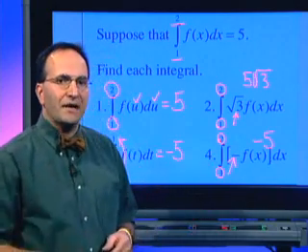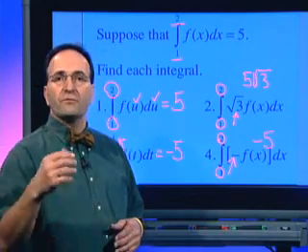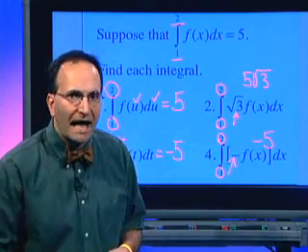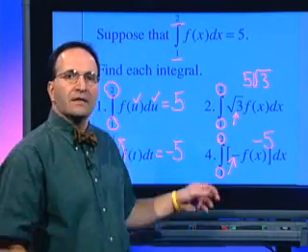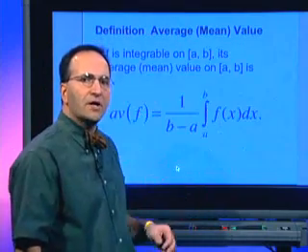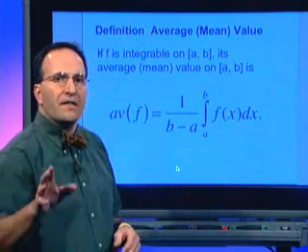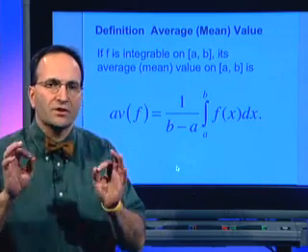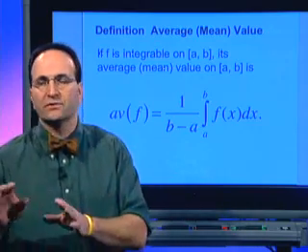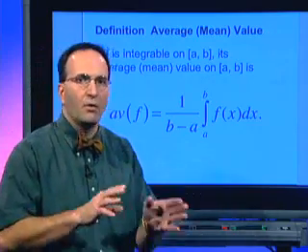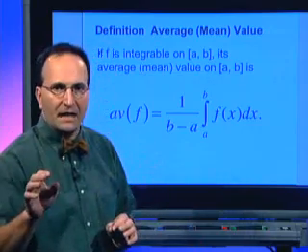Now we can use definite integrals to find the average value of a function. The average, in which case we're talking about the mean as opposed to the median or the mode, the mean value.